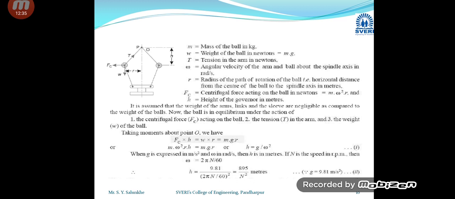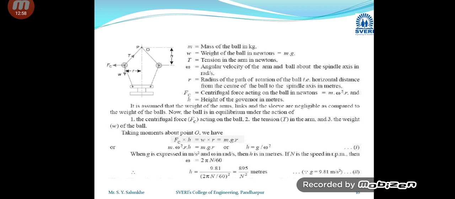Next, in this slide we are going to see how to calculate the relation between speed and the height of the governor. When the governor is working and the sleeve moves upward, there will definitely be a change in the height of the governor, denoted by h.